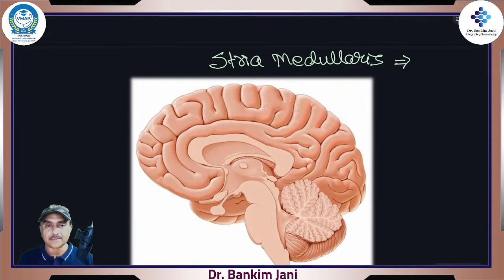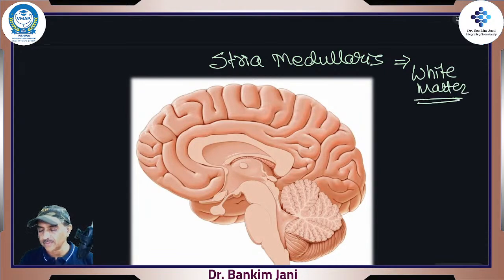Stria medullaris is again like a tract, like a sheath. So it has to be white matter, because it is not a nucleus. When it is white matter, that means it's a tract. It's not a thick tract, it is a thin tract, because structures are so delicate and very little space is available, right?